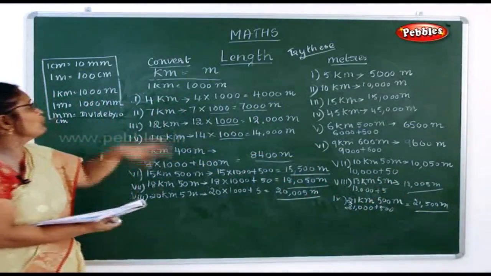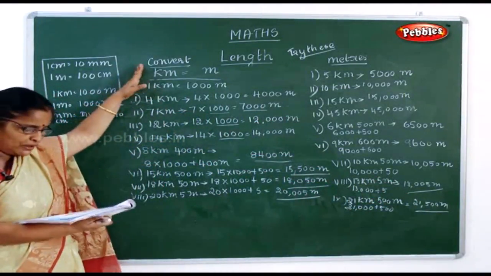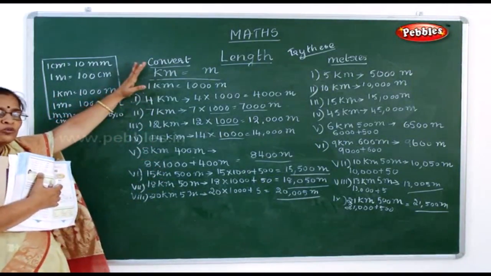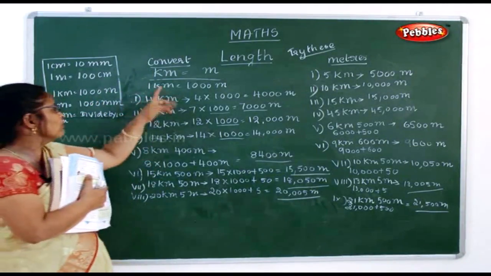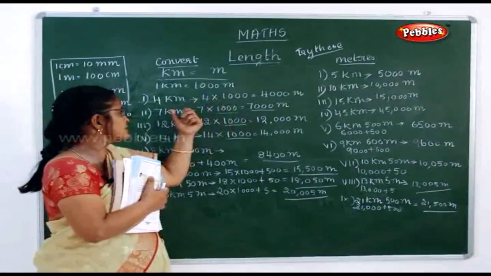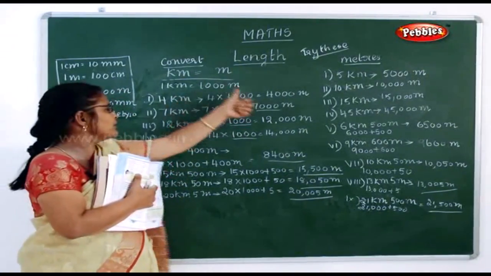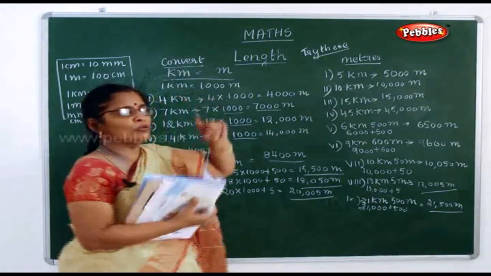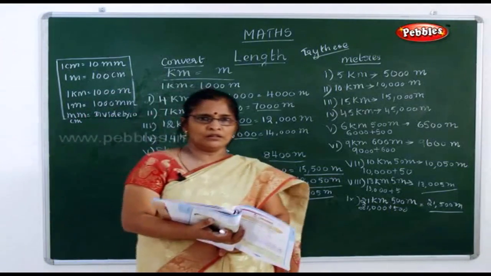So this is how you have to convert the kilometer into meter. Is it clear now? How will you convert the kilometer into meter? You have to multiply with 1000. Just converting kilometer into meter, you multiply with 1000. So this is how you are converting the kilometer into meter.